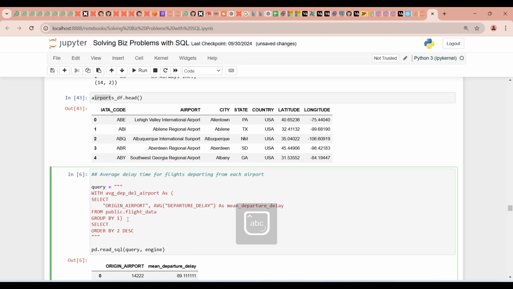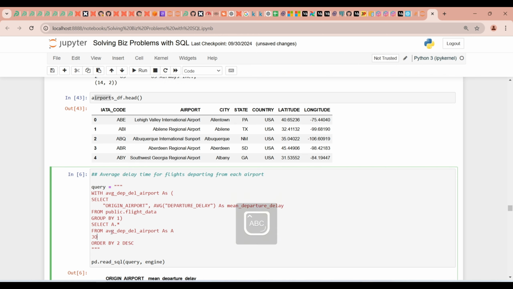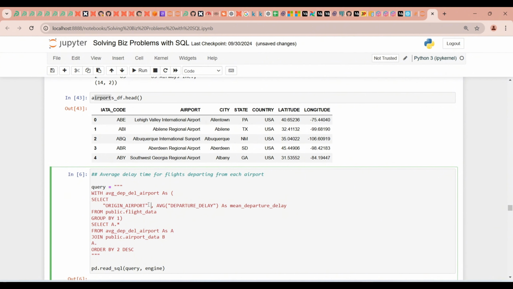Select A dot star, and I'm going to alias that table as A. But I'm not going to even pick everything. So join airport data. I think the name of the table should be airport data, in the public schema. Let me alias it as B, then say where A dot origin airport. Let me alias this as origin airport.